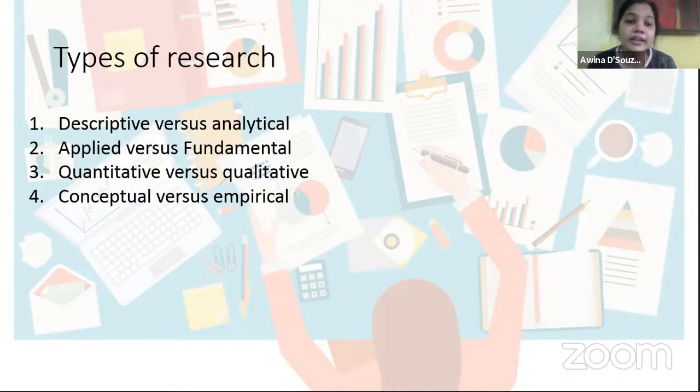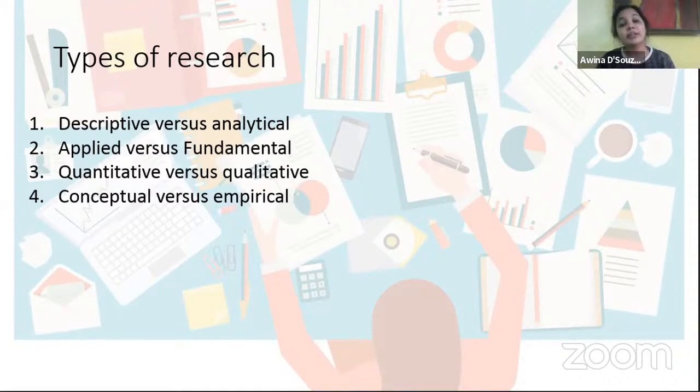Next, coming to applied versus fundamental research. Applied research is more about a practical way. If a population is suffering from a condition, what practical methods will you use to find a solution that is already present within the community? How would you get a solution for these problems?